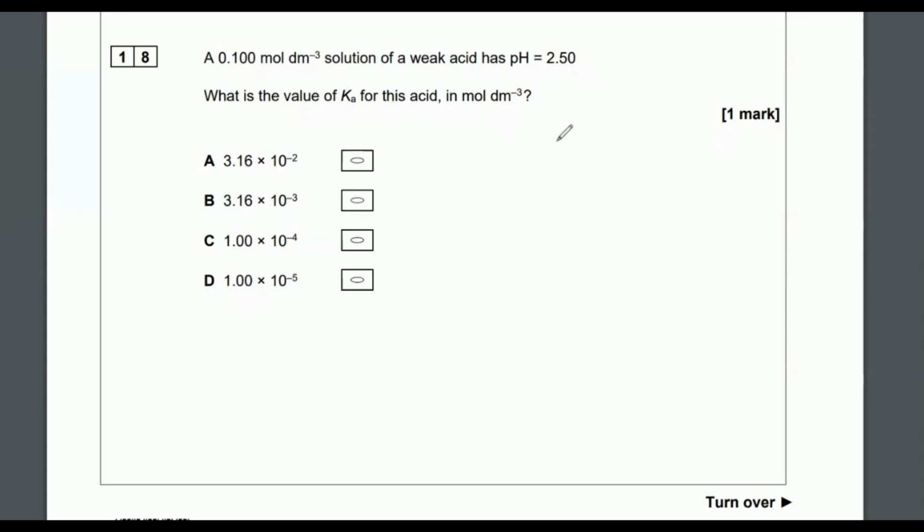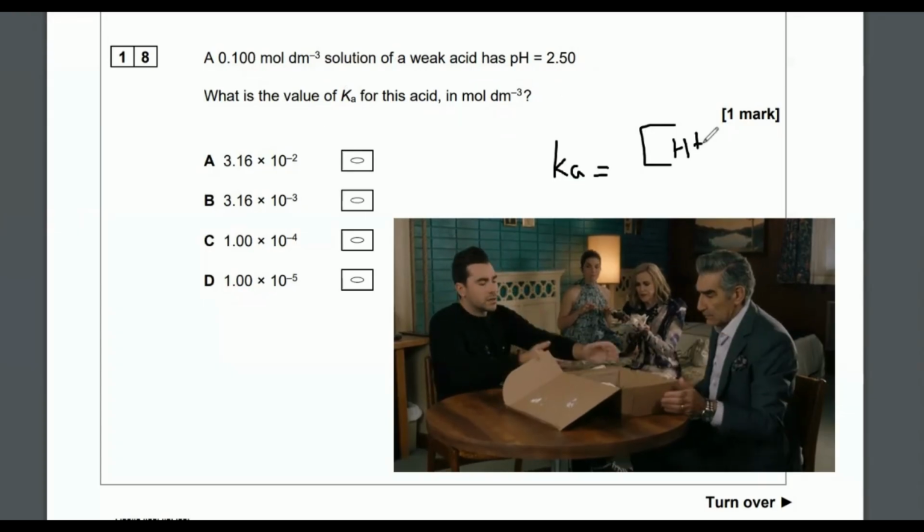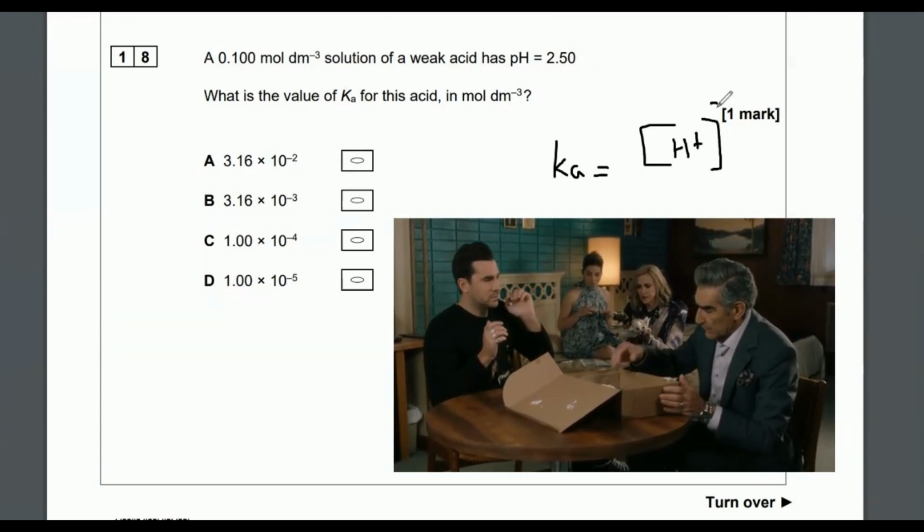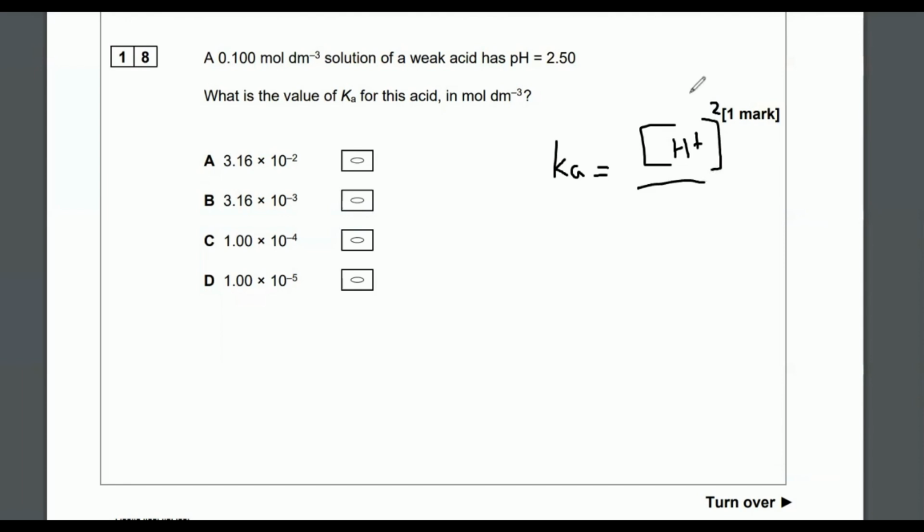So we want the Ka. What we have to remember is that Ka is equal to, and you should know this off by heart, the concentration of the H plus ion squared over the concentration of the acid. So it's straightforward, we just want to do that calculation. We've been given the pH, so you've got to remember how to go from pH to the H plus ions.